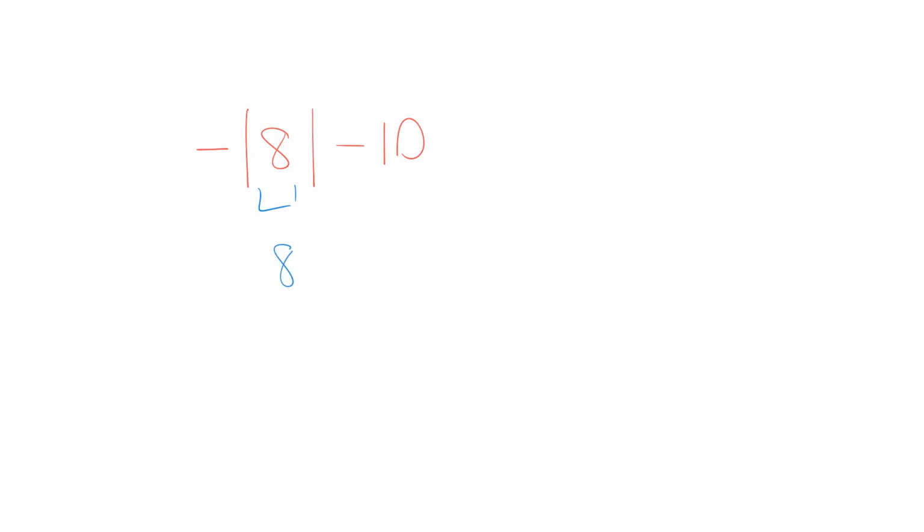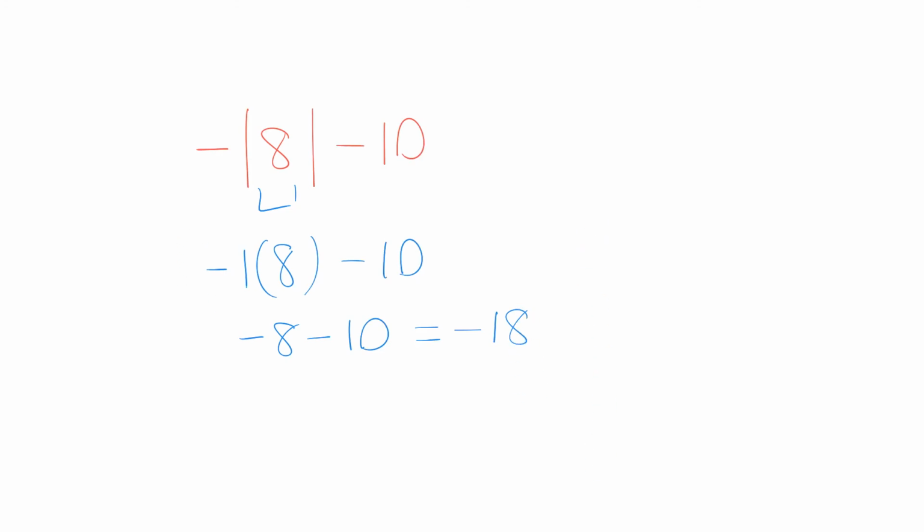We need to multiply by that -1, right? Minus 10. So -8 minus 10 is -18. So I took this negative out front. It's multiplying because it's just a -1. But you have to take the absolute value first. It says order of operations. Okay.